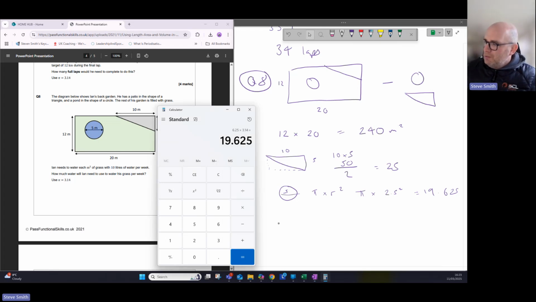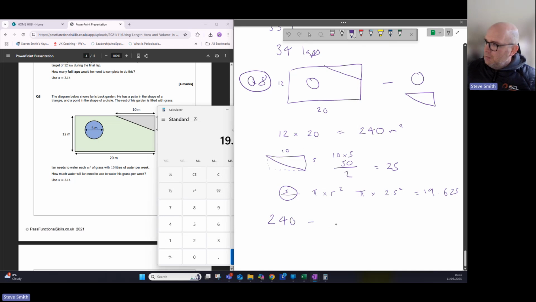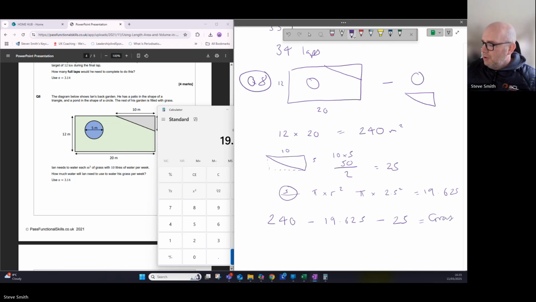So what we've got now is we've got 240 for the whole garden. Take away my garden pond. Take away my patio. And that's going to give us grass equals grass. Okay, so let's do that on here.